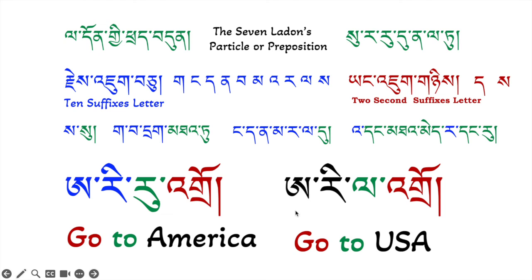So now what we are talking about is Ladin. Ladin gi Tibetan is like a Ladin particle or preposition. There are 7 Ladin particles or prepositions that we have to keep in mind, and each has its own rule. This one, sa su. This is the suffix sa after the Ladin preposition or particle.